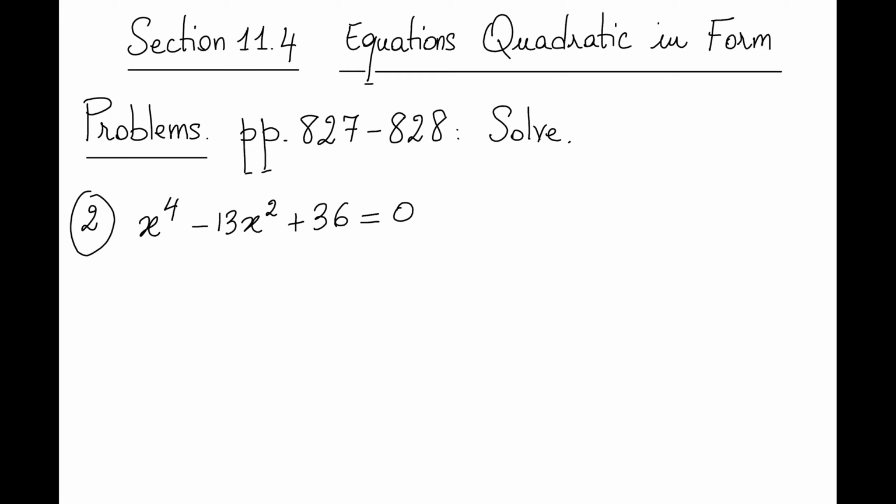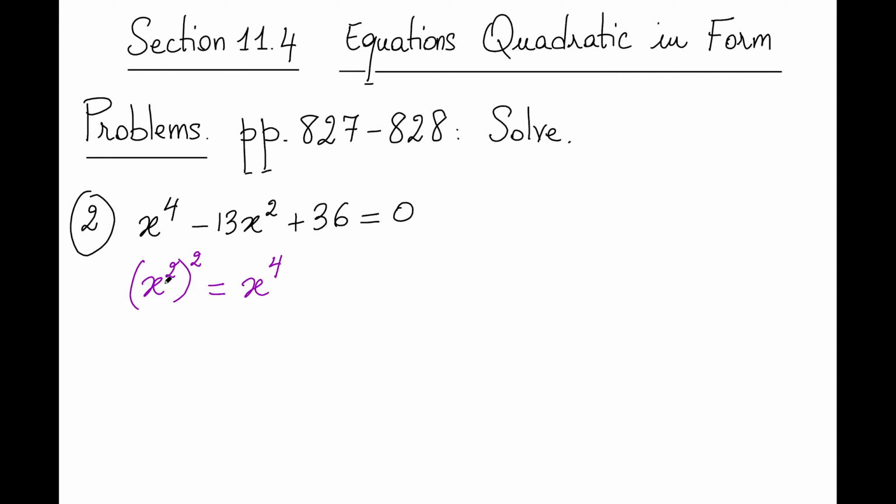Let's make the following observation. The square of the square: x squared, the whole thing squared, is x to the power 2 times 2, which is 4, so you multiply the powers. 2 times 2 is 4.